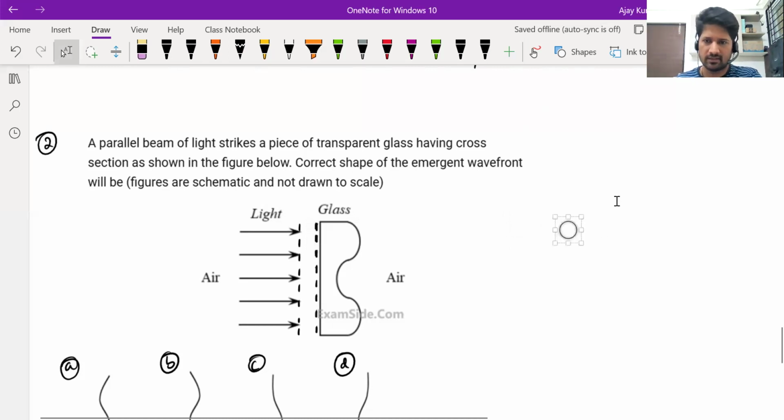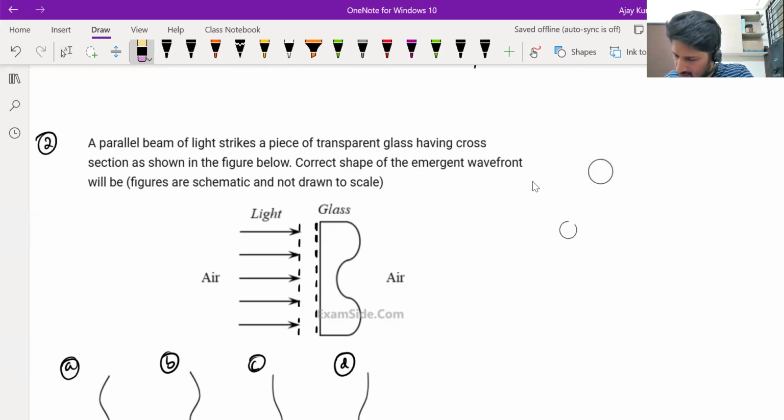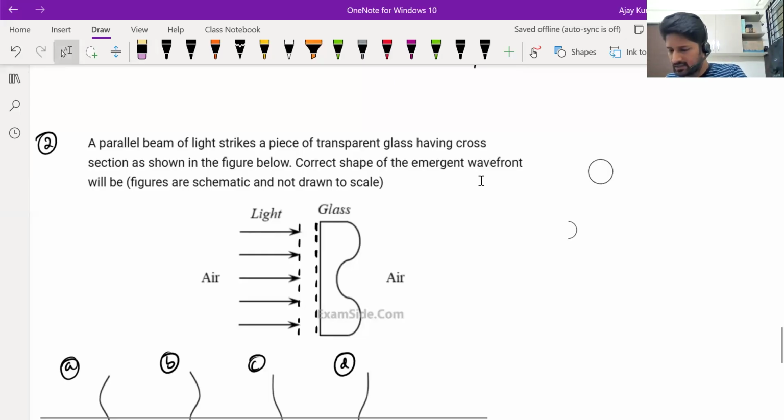If you look at the wavelets, every point on the wavefront will disturb the surrounding points. Some points in the glass will get disturbed and some points in air will get disturbed.